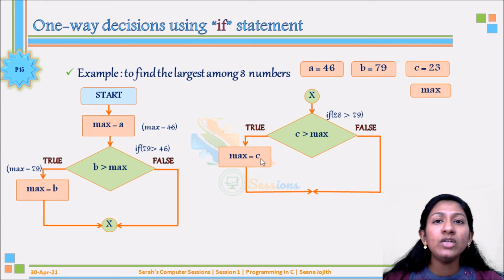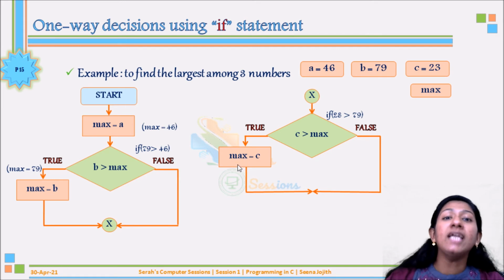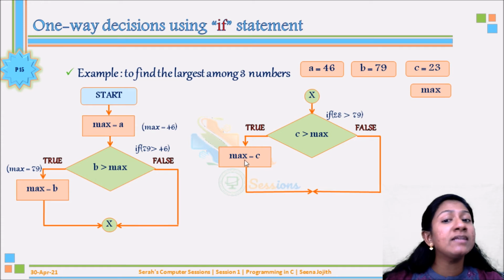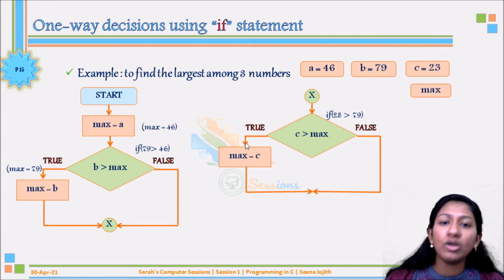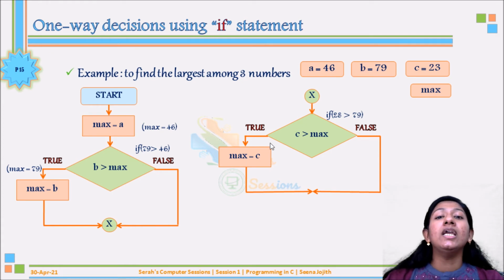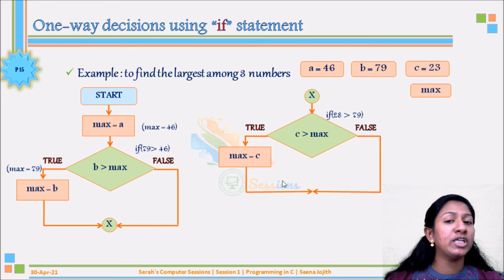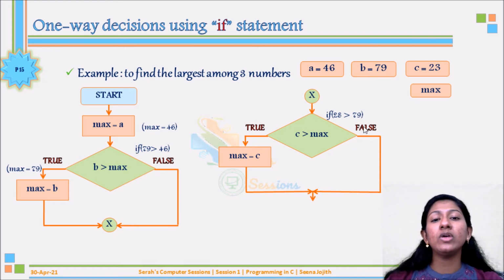There is no need to assign C to max because we already have 79 as our max, right? So since 23 is not greater than 79, we don't need to execute this statement. So this particular block will not be executed even though it is present in the flowchart and inside the program, since we get a false.